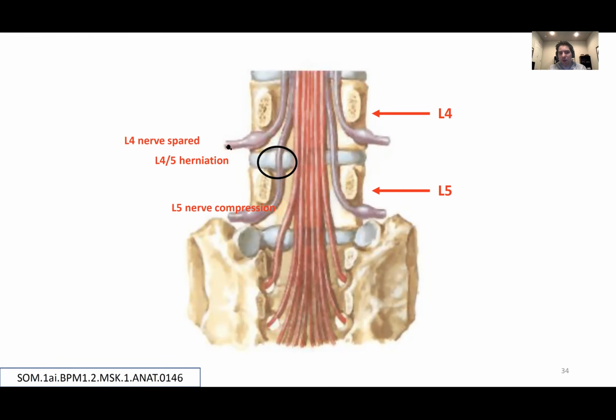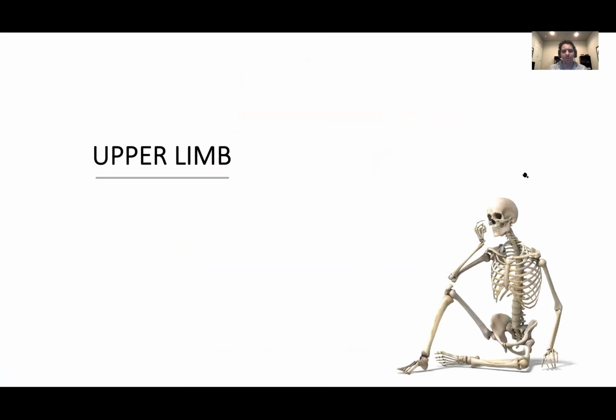L4 is coming out below the L4 vertebra but above the L4 disc. So if this disc herniates, L4 would have already crossed out, so L5 is what's affected. It takes a couple of minutes to make sure you get it down, but once you get it, you should be good.